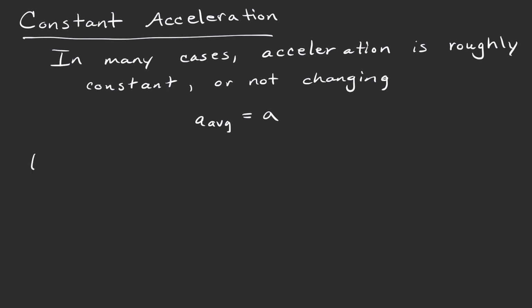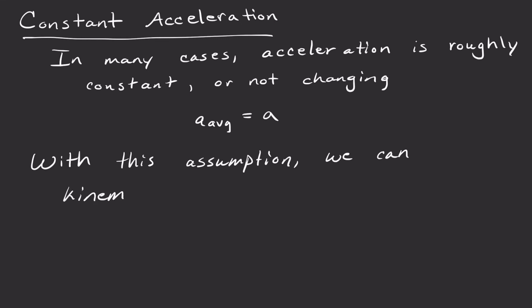So, with this assumption, we can obtain some equations. We can get what's called kinematic equations or constant acceleration equations. And these are equations that we can use anytime the acceleration is constant.